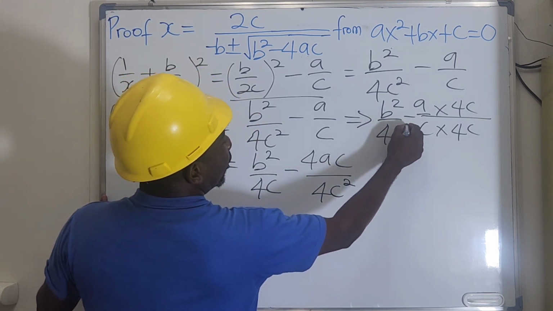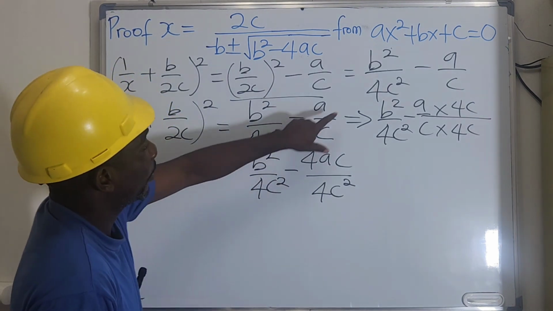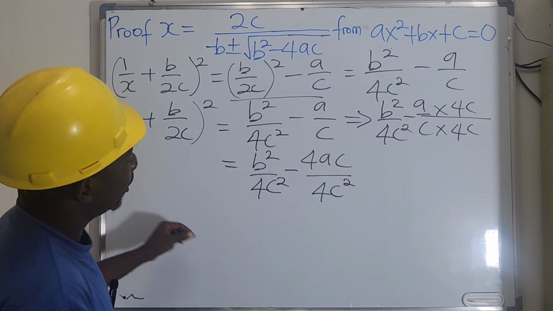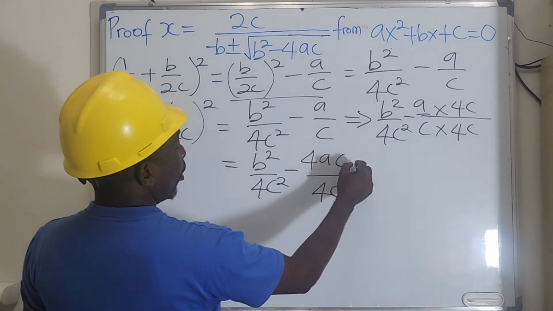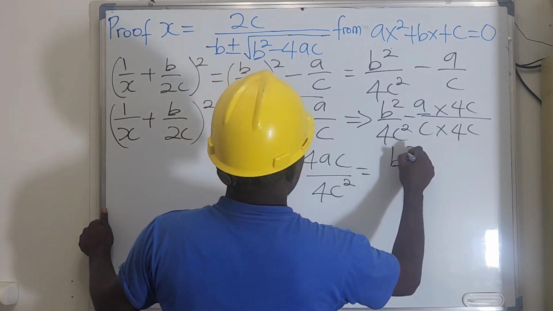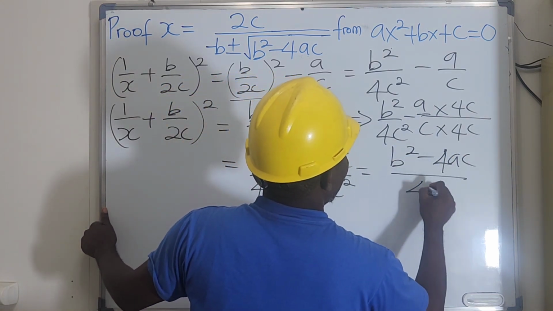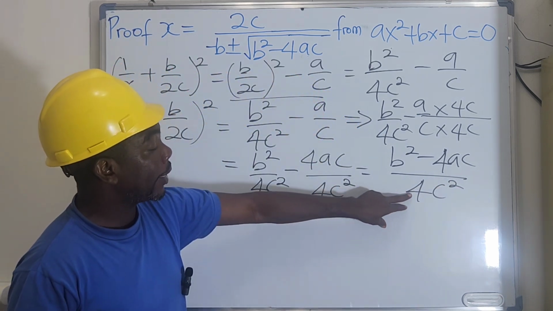Taking the LCM as 4c squared, this will become b squared minus 4ac all over 4c squared. So that is what we have on the right hand side.